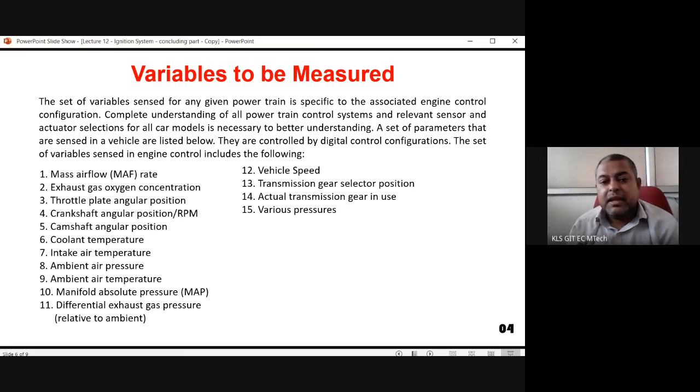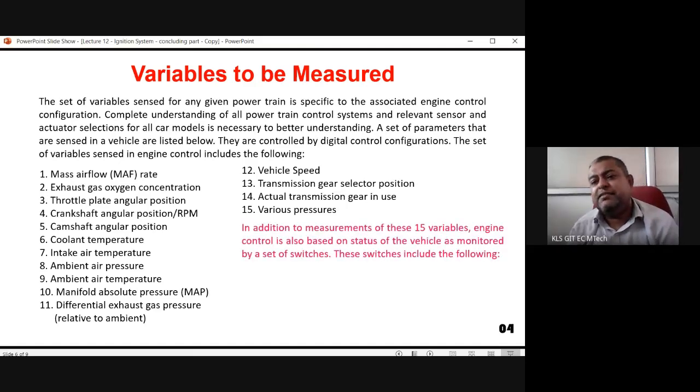Actual transmission gear in use, and various other pressures at different positions. How much fuel is in the petrol tank, how much is the tire air pressure. Inside the vehicle, how much is the temperature, how much is the humidity, whether it's within the comfort level or not. So many parameters are there, but the main 15 parameters related to vehicle and engine operations are listed here.